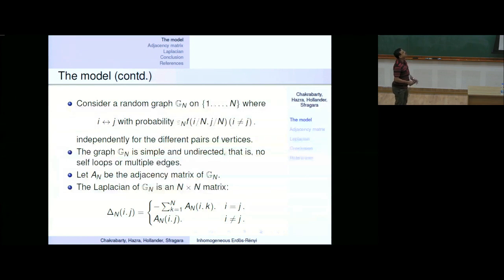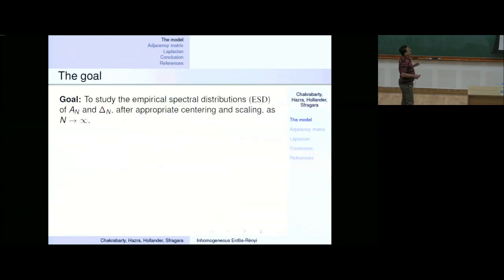So I'll be talking about the limiting spectral distribution of both this adjacency matrix and Laplacian matrix. That's the broad goal, to study the empirical spectral distribution of A_n and the Laplacian after appropriate centering and scaling as n goes to infinity.